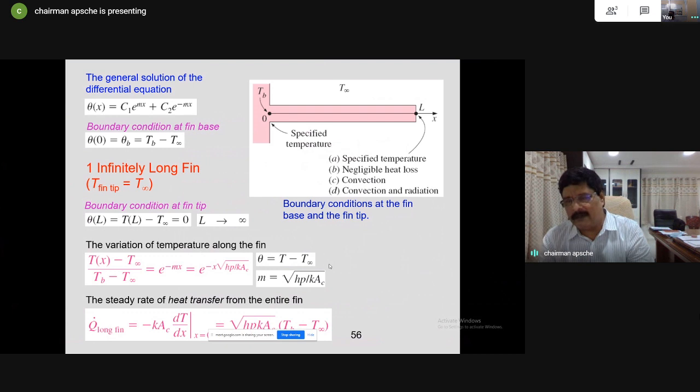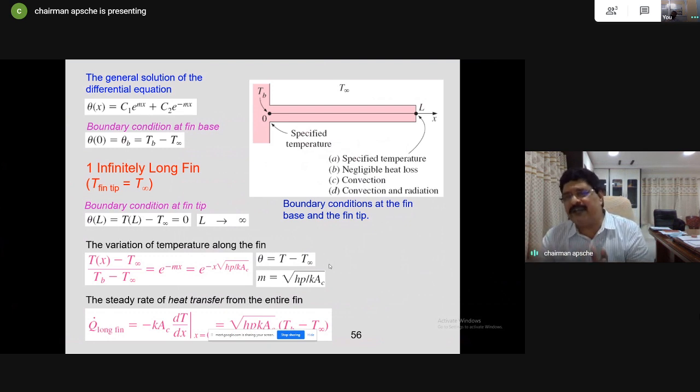If you have not understood my explanation, let me initially explain it in English, so that I satisfy both of you. If you have a fin, it is transferring Q amount of heat because of the presence of the fin.